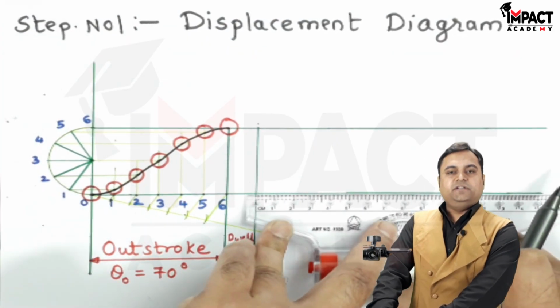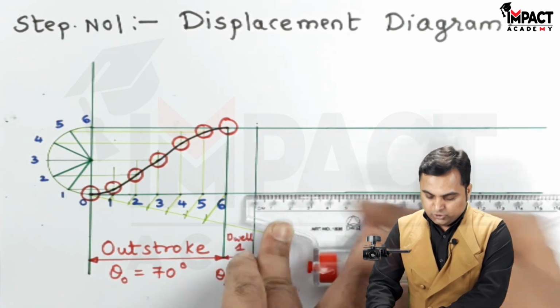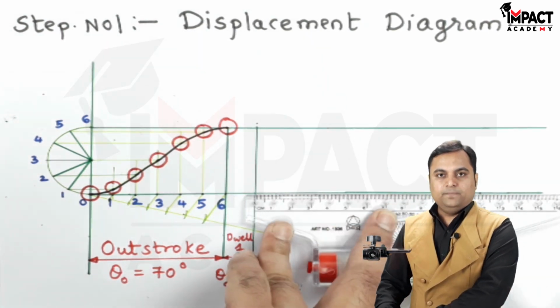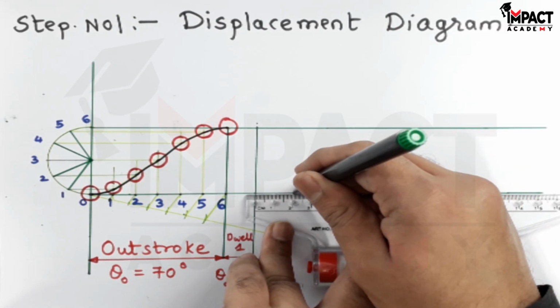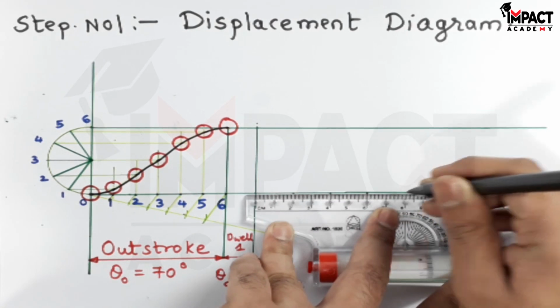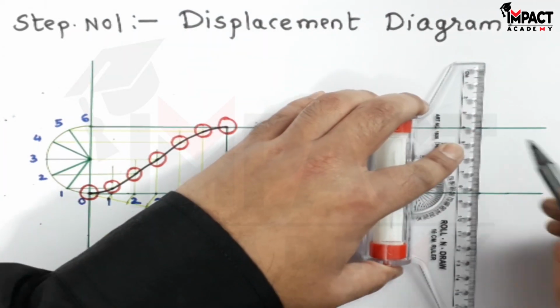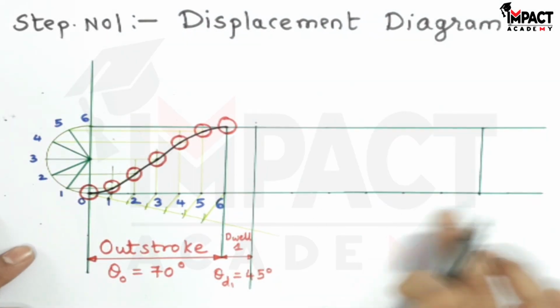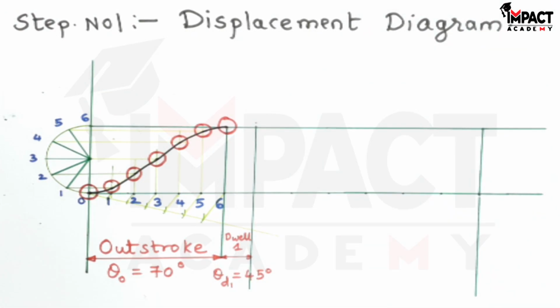Now this 12 centimeter would be divided into 6 equal parts. For that 2 centimeter would become 20 degree. So these are the 6 divisions for the return stroke.